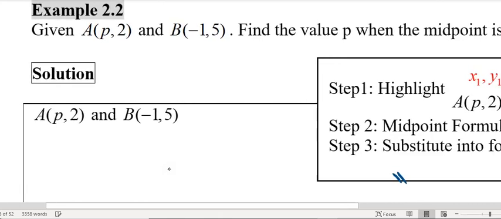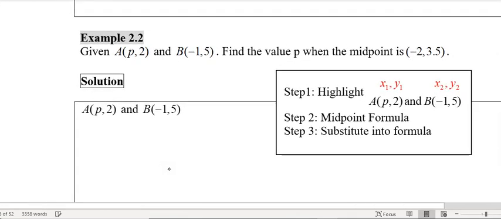This one you can try out yourself, for example 2.2. As usual, you can see I already highlighted. Step 1, first of all, you need to highlight the coordinates. First point, x1, y1. Second point, x2, y2.